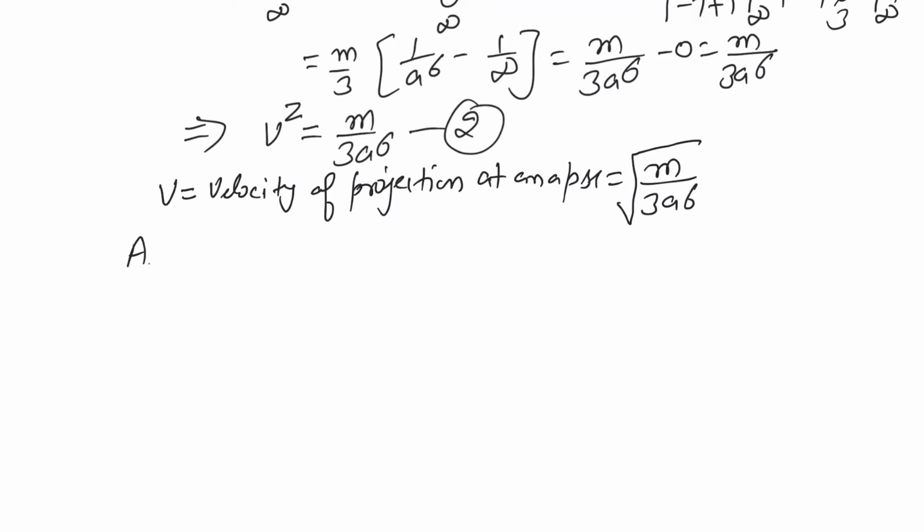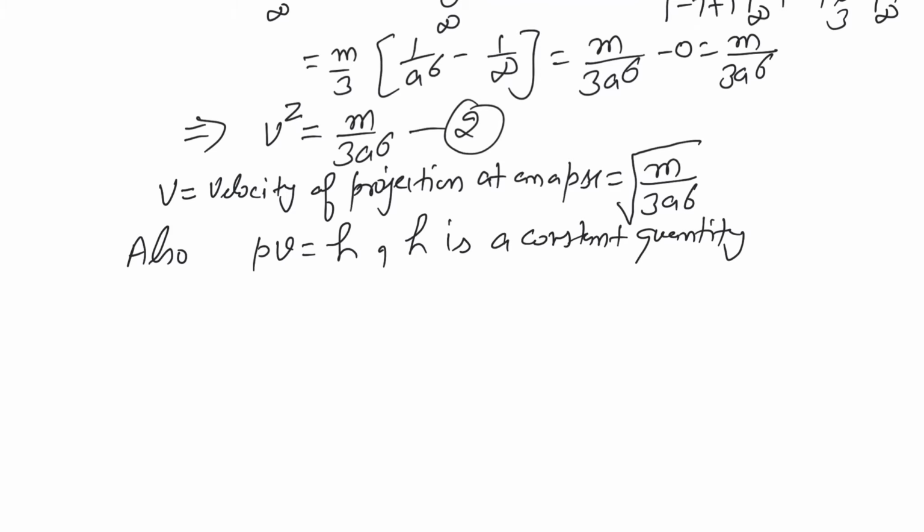Also, this is the velocity particularly at the apse, not a general velocity. In case of general velocity, we know that pv is equal to h, where h is a constant quantity.